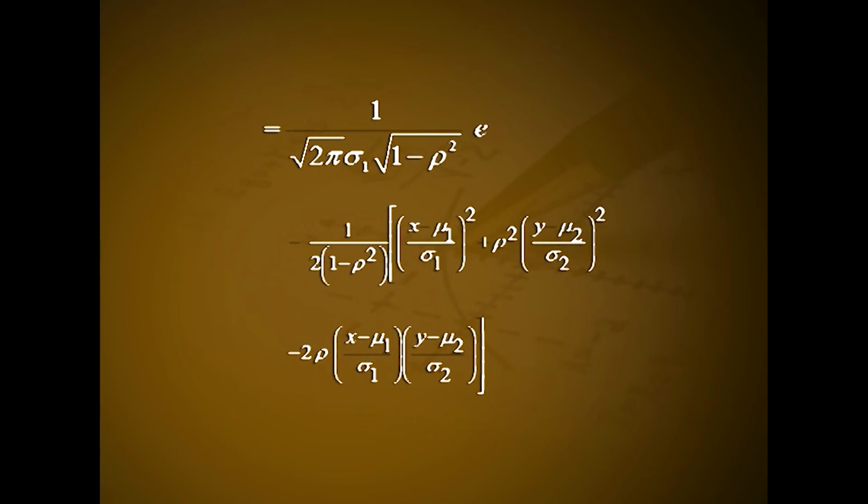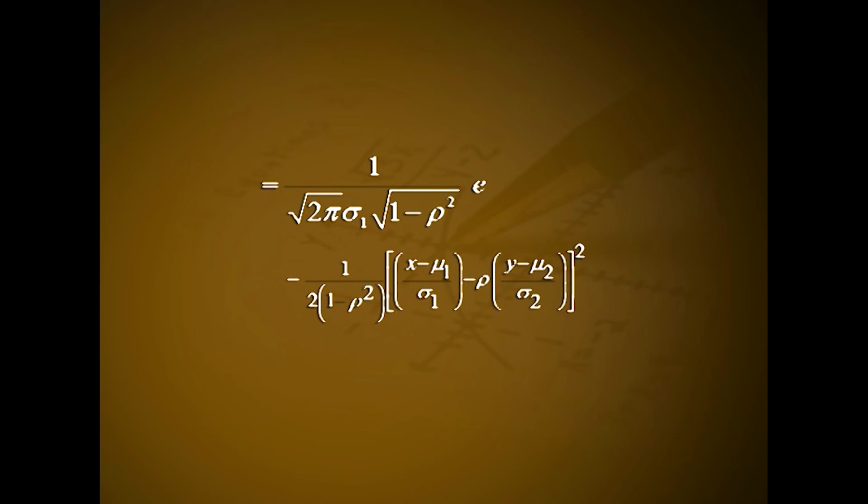That is equal to 1 divided by square root of 2 pi times sigma 1 times the square root of 1 minus rho square, times e raised to minus 1 divided by 2 times (1 minus rho square), times (((x minus mu 1) by sigma 1) whole square plus ((y minus mu 2) by sigma 2) whole square minus 2 rho times ((x minus mu 1) by sigma 1) times ((y minus mu 2) by sigma 2) minus (1 minus rho square) times ((y minus mu 2) by sigma 2) whole square).